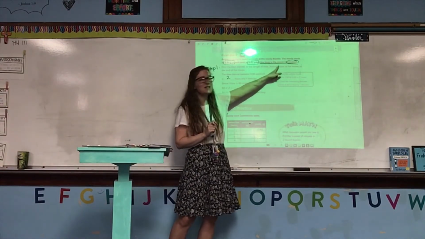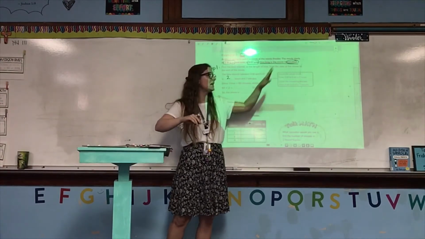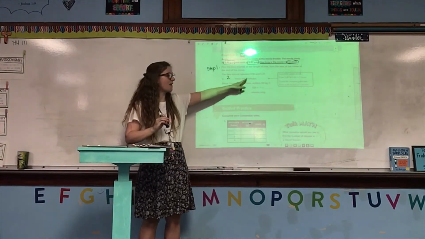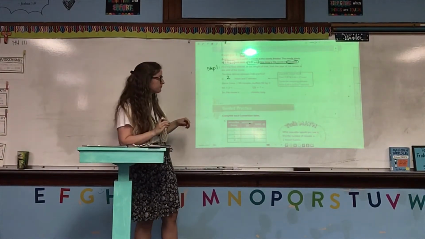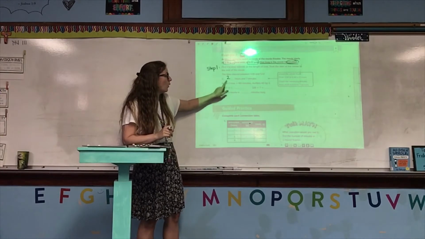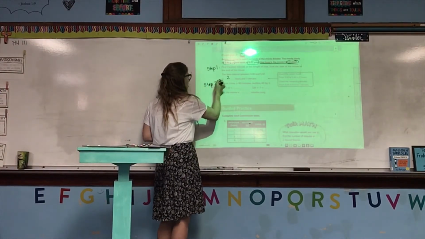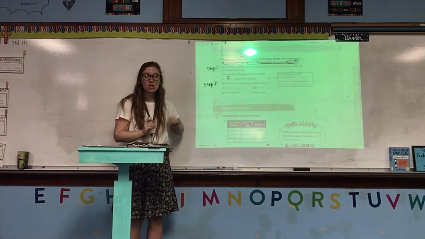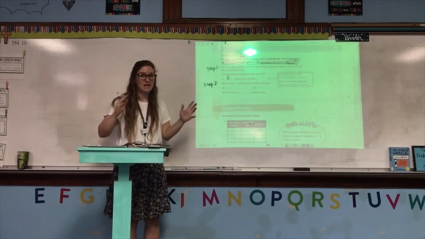But that doesn't answer the question, because we're trying to figure out how long the whole movie is in minutes. Yes, this does have minutes in it, but that's not how long the whole movie is. So, what we have to do, step 2, is then to convert 2 hours and 7 minutes into minutes.